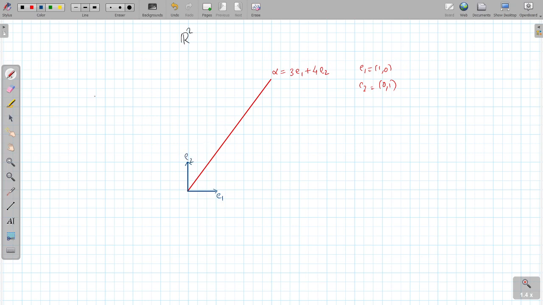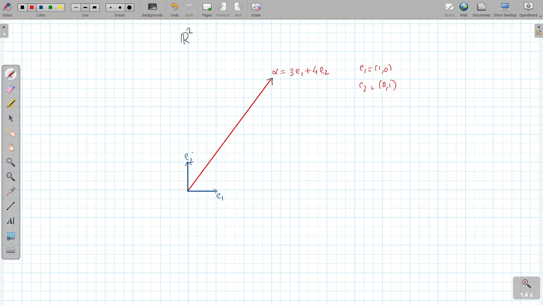So we can write this vector alpha as 3 times e1 plus 4 times e2. Okay, this is because if we take 3 times e1 here and 4 times e2 here, you can get this one.